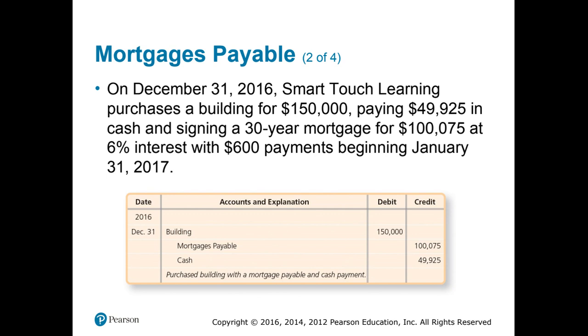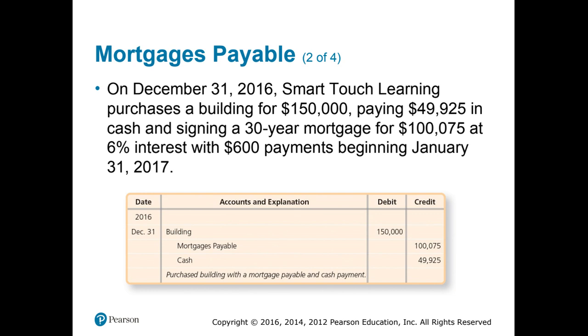So our mortgage payable account is going to be $100,075. And it says that we paid cash of $49,925. So the amount of cash will be $49,925.